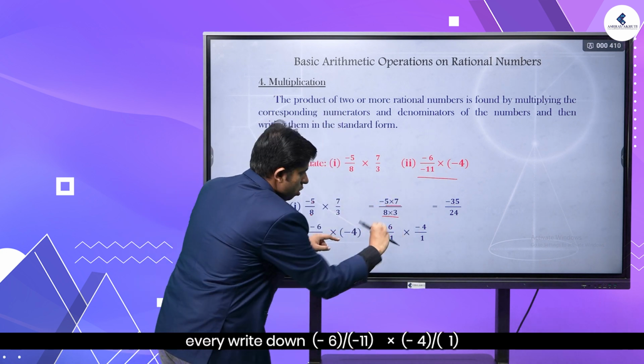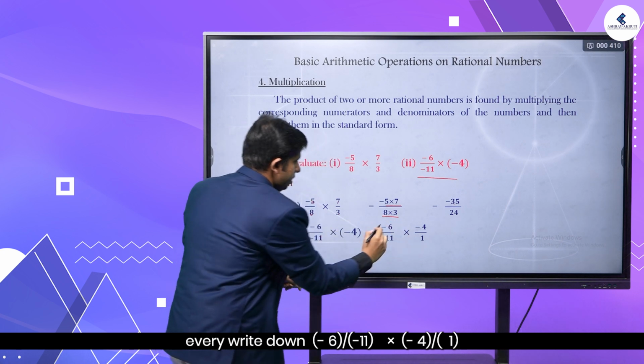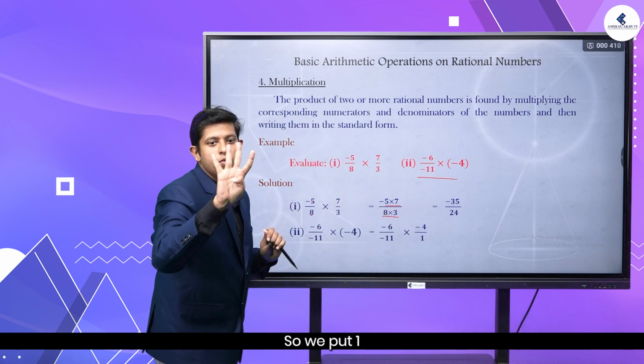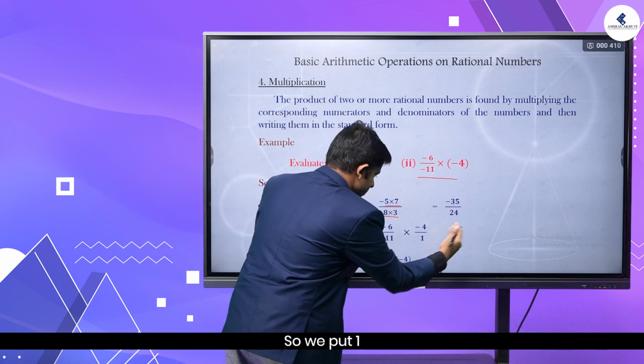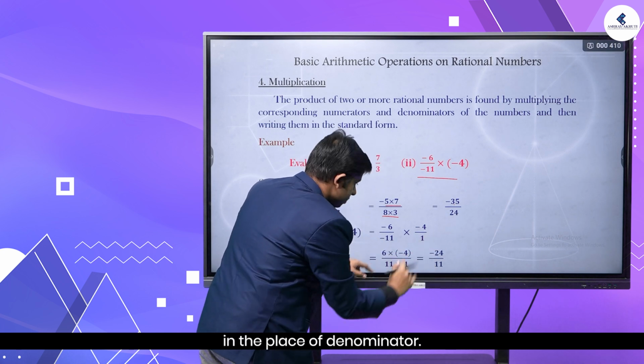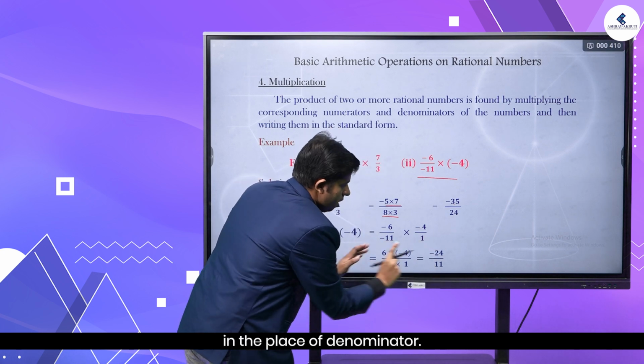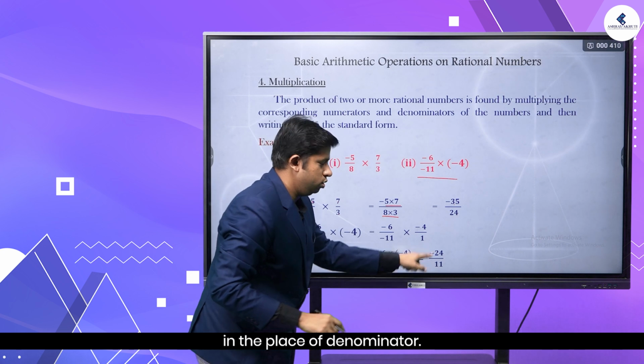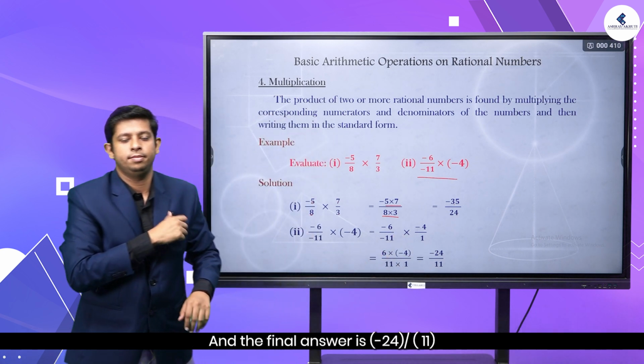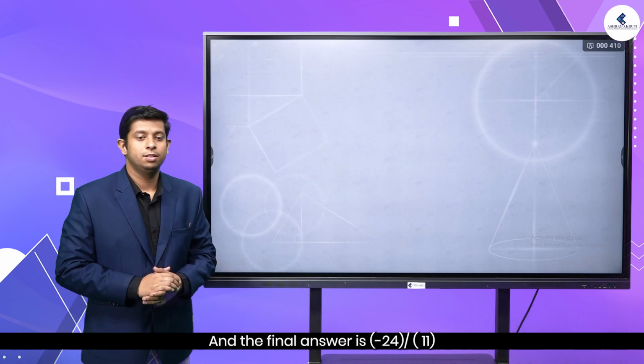We do not have the denominator over here, so we put 1 in the place of denominator. And the final answer is minus 24 by 11.